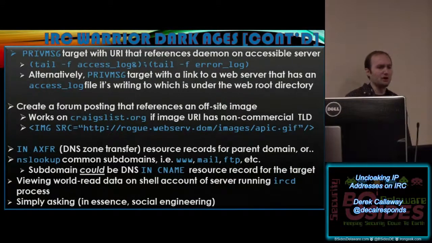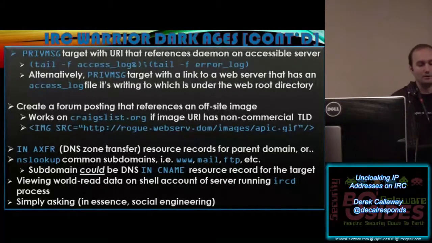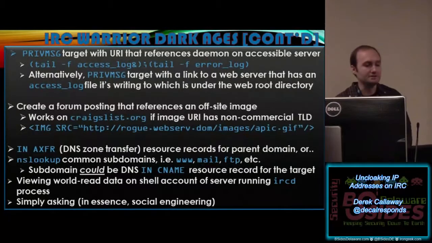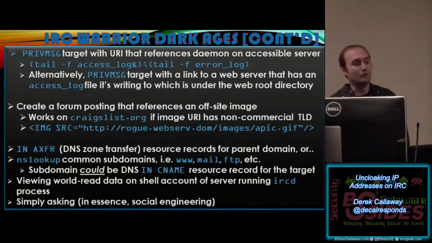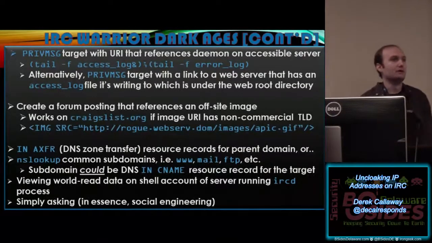This was also pretty popular on the Craigslist website for a while. What you were able to do was, if you were in one of the forums for selling merchandise, or selling your old couch or whatever, and you wanted to upload a picture of it, then you could inline an image tag. And what you would do is just have that image tag link to a web server that was under your control, and then you would check the access log just like before.